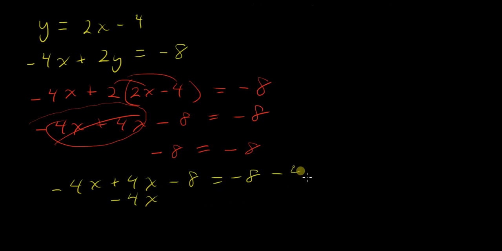And so now we've gotten rid of it on this side, and what's left is negative 4x minus 8 equals, and I'm going to switch the order here, negative 4x minus 8. No matter what we do, you could do other things here. No matter what you do, you're going to get the same thing equals itself.